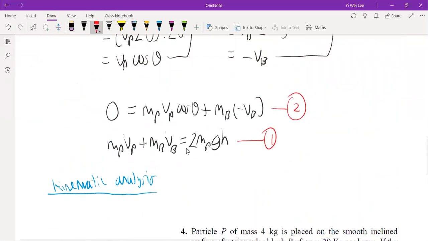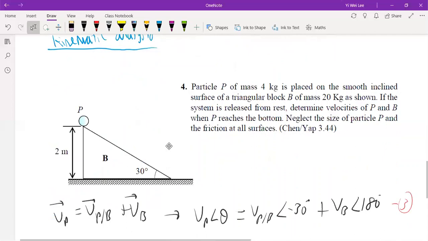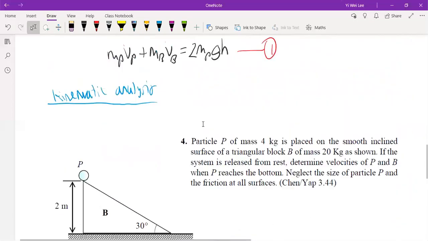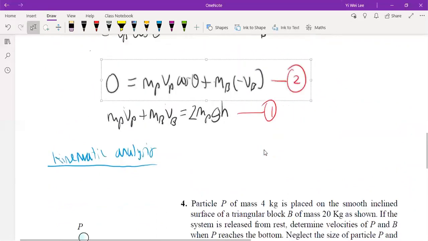So let's take a look at all the equations I have. So this is actually my first equation, from the energy analysis.